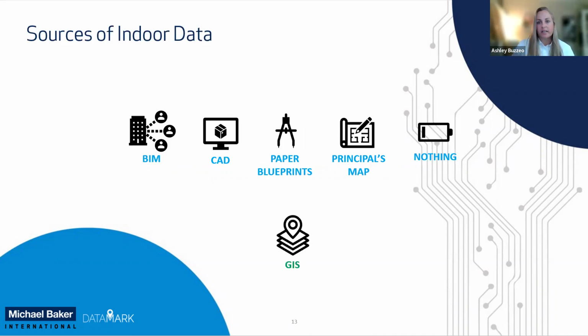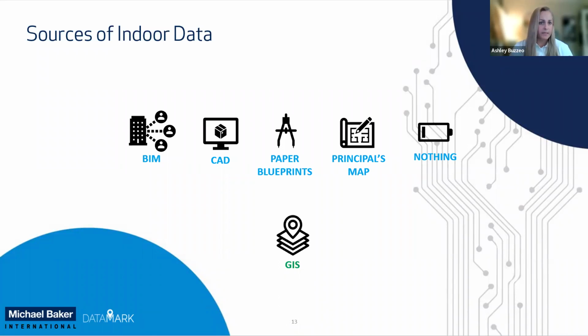So we've identified several sources of indoor data that we can either go out and gather or find because it exists. We want to talk through each of these that we've listed here.